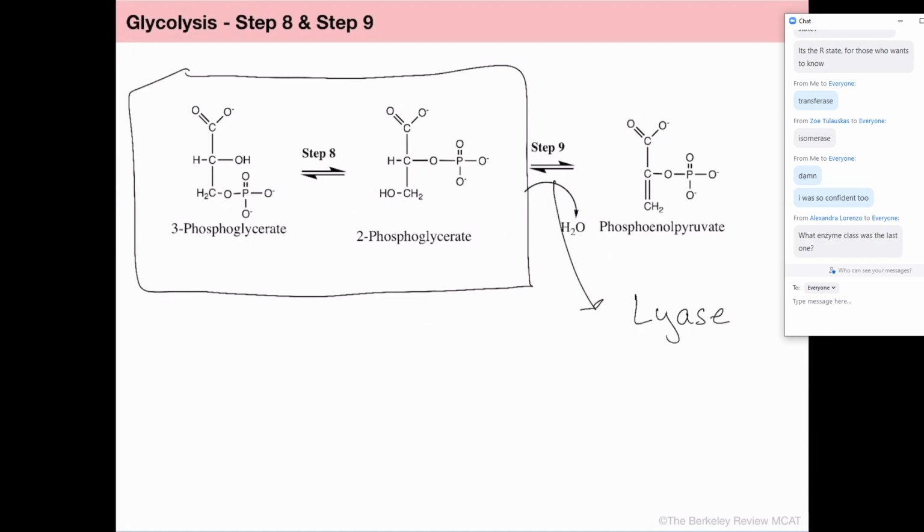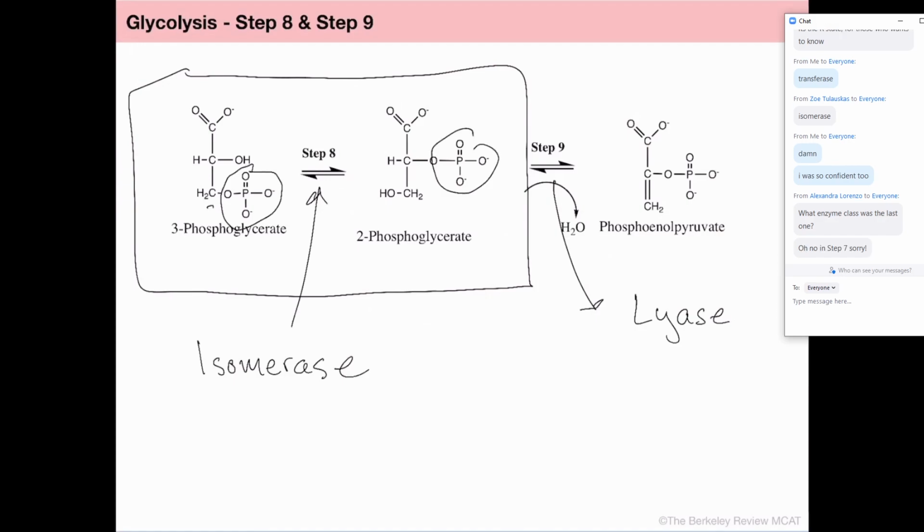Oh, sorry, this is an isomerase, right? And that's because we're transferring a functional group to a different point on the molecule. This is C3, this is C2, this is C1. We're going from a phosphate group on C3 to a phosphate group on C2, but we're not changing the composition of the molecule.